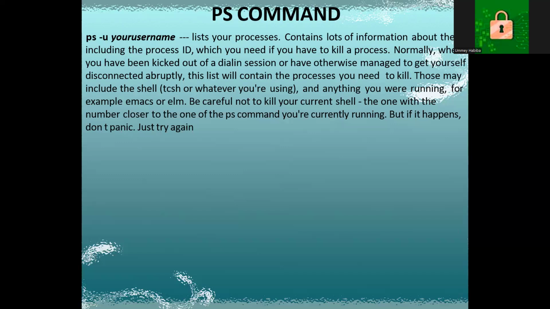A process refers to a program that is currently being executed by the operating system. The ps command helps users and system administrators monitor system activity by providing details about running programs.